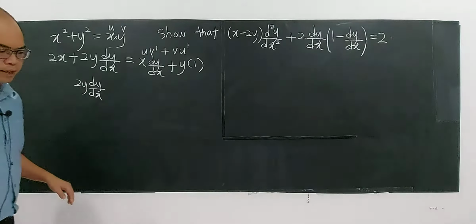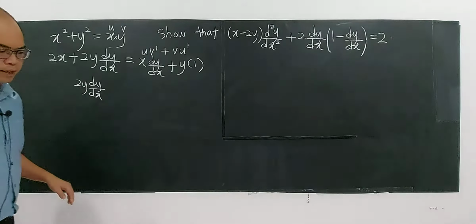My purpose is to adapt to what is required by this function. So I rearrange to be (x minus 2y) dy/dx, as I factor out the dy/dx, plus y equals 2x.